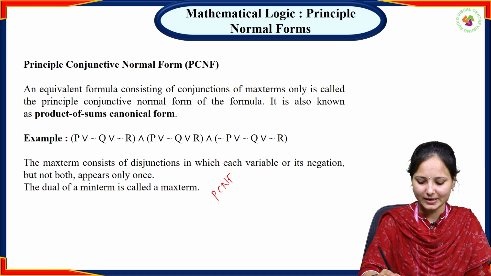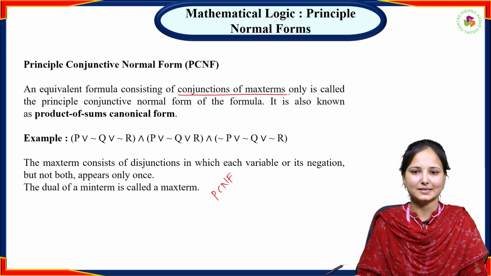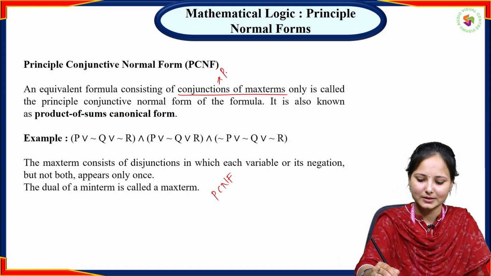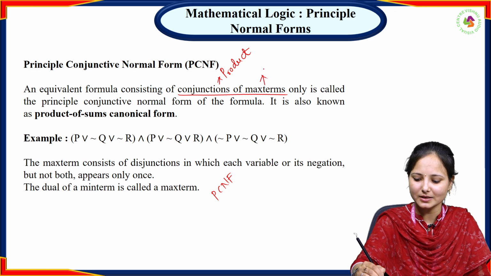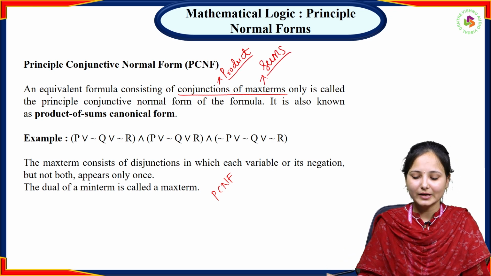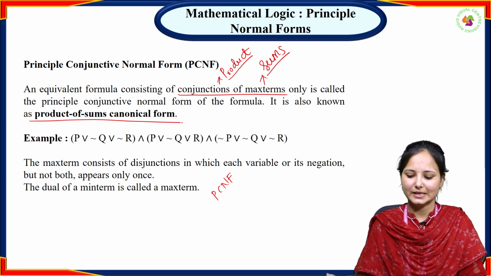Similarly, we have PCNF. PCNF is the principal conjunctive normal form, which is a conjunction of max terms. What is meant by conjunction? Conjunction is a product of max terms. Max terms are nothing but sums. Here, product of sums. We can also call this a product of sums of canonical forms. It is also similar.